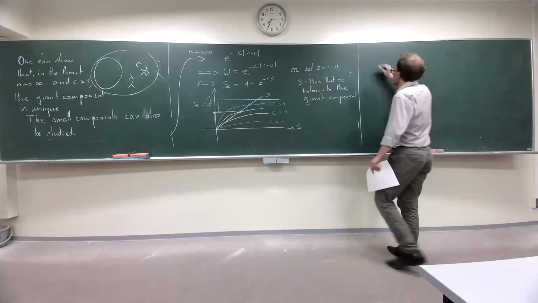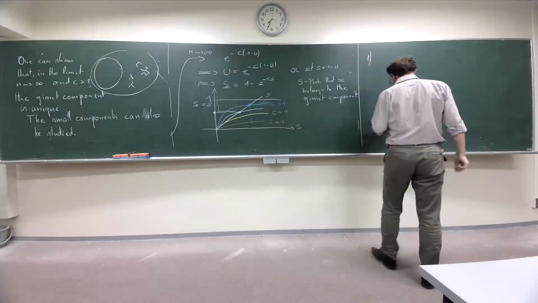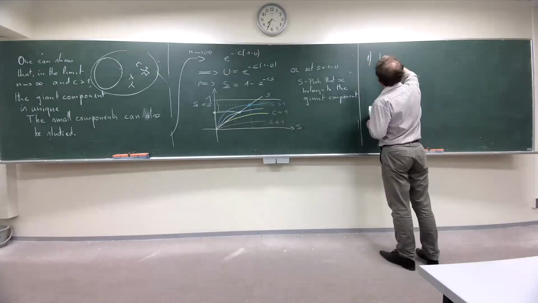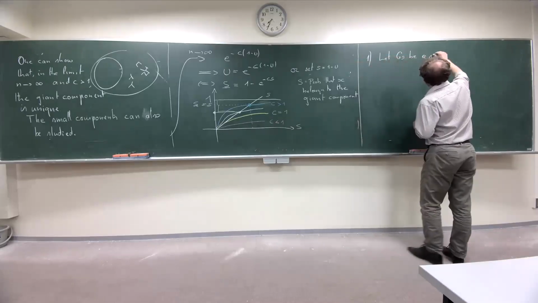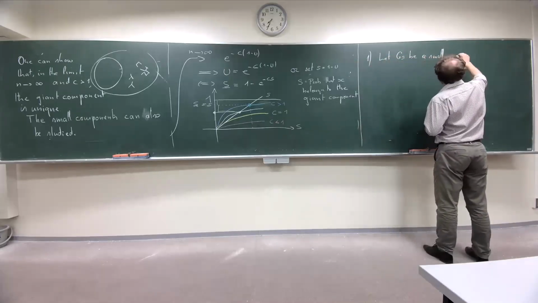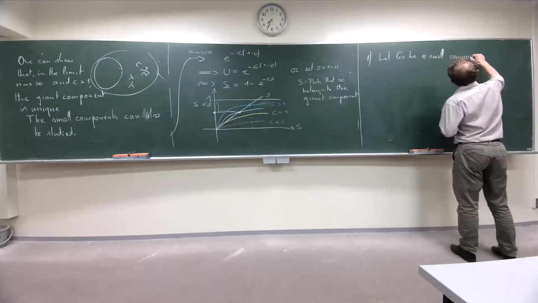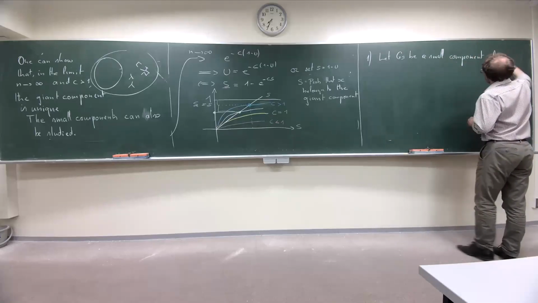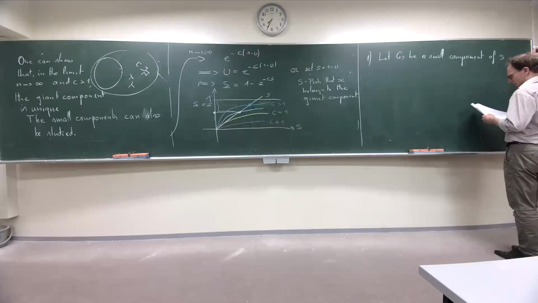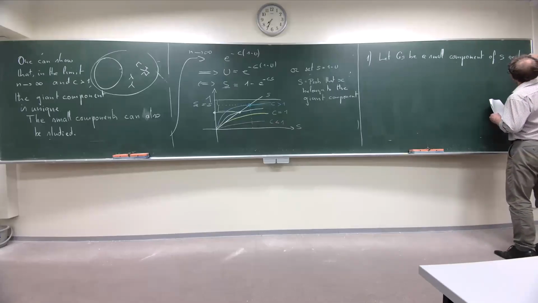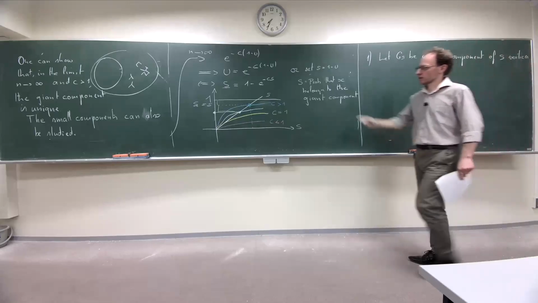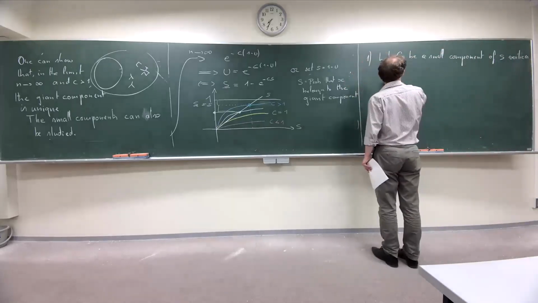So the first one, it's a little bit surprising. Let GS be a small component of S vertices. So one component of S vertices.